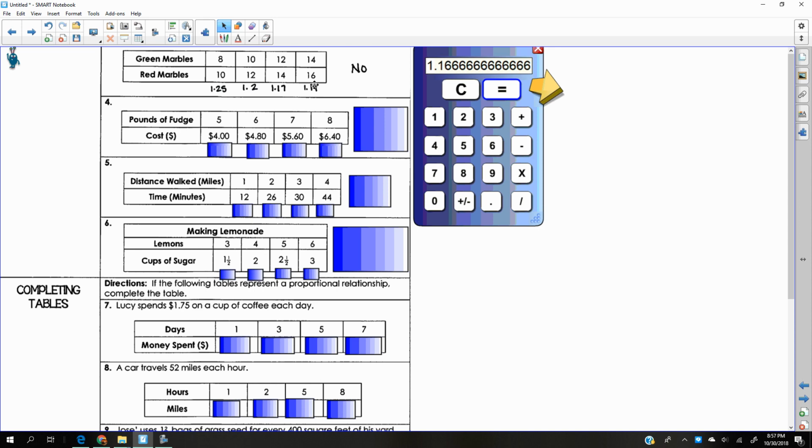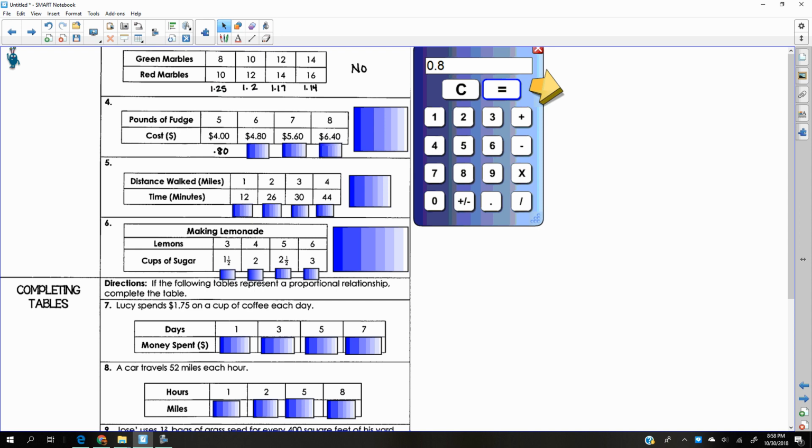So we take $4, and if you want to go 4.00, you can, but I'm just going to use 4 as the whole number, and then we're going to divide that by 5, and we get 0.8, okay, or 80 cents. Because on a calculator, the zero is not going to pop up because we can keep adding zeros all day long. But to write 80 cents, you got to add the 0.